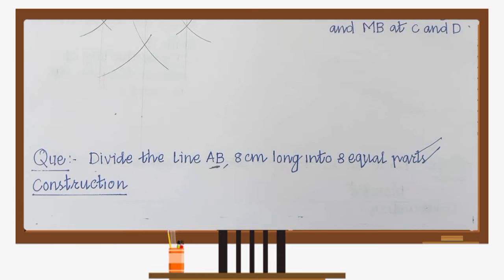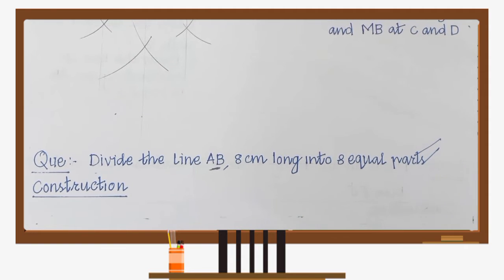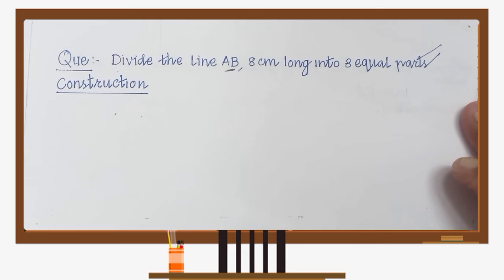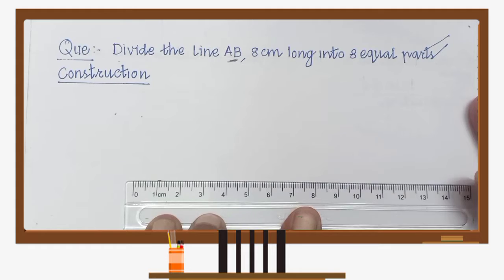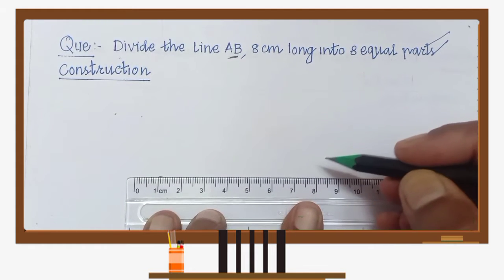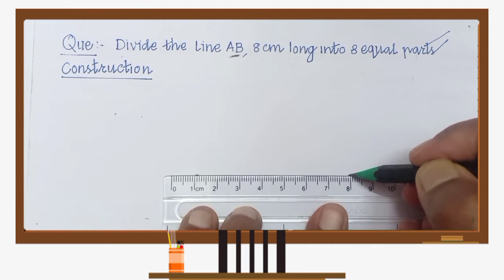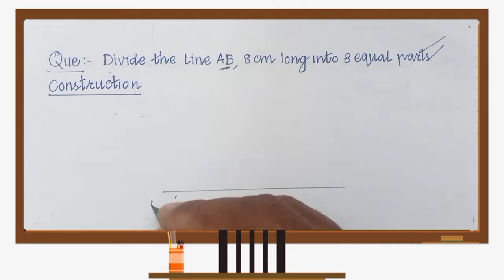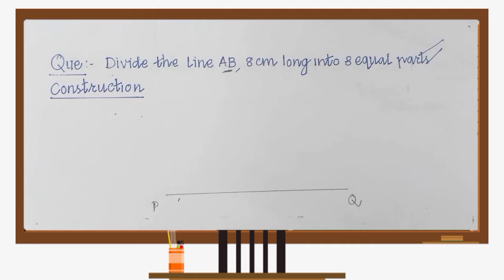Now see here, divide the line AB 8 centimeter long and divide it into the 8 equal parts. In the same way you can draw here 8 centimeter distance. This is PQ. You apply the same technique.